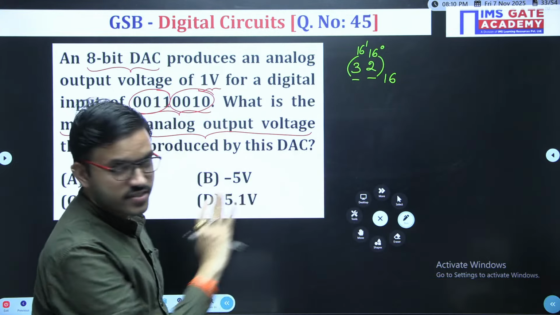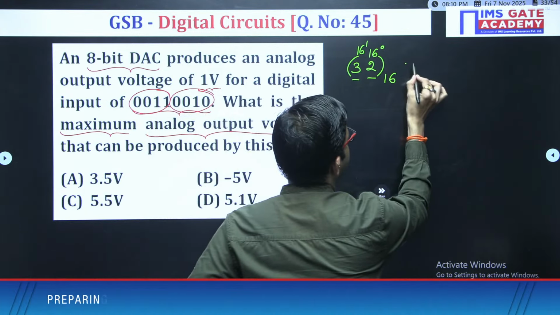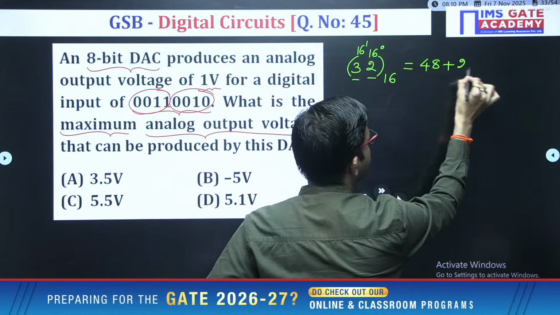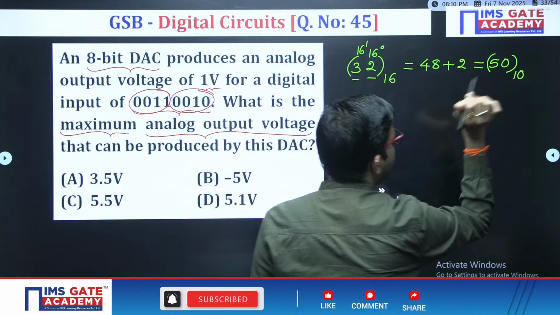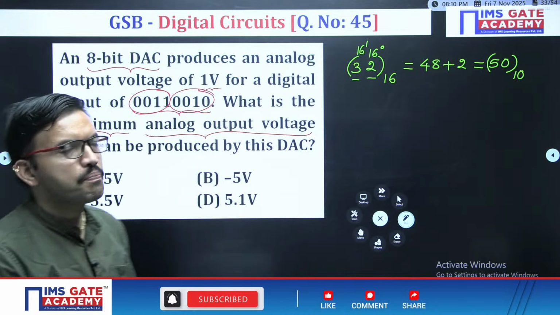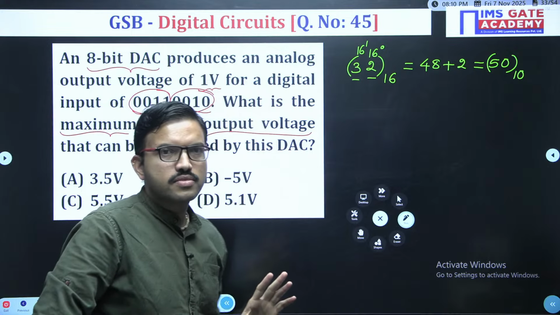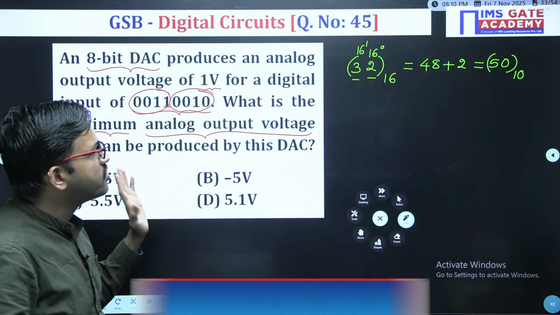Now with the help of the 6th chapter, you are getting a recap of the first chapter also. Okay, right. So 16 3s are 48 plus 16 power 0 is 1 into 2. That means you are getting 50. So here decimal equivalent of binary, you got 50. Okay, for 50, you got analog output as 1. Now the question is, for maximum analog output voltage, how much you are getting?